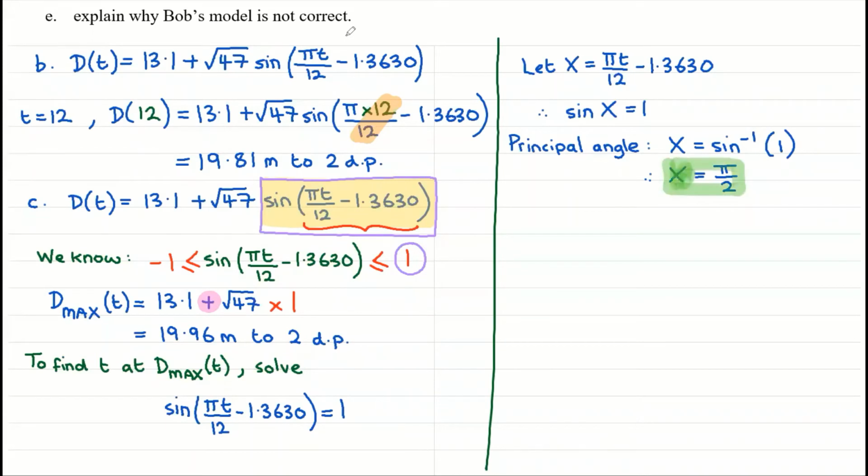Now, why can't we just say, okay, that's what x is, and solve that by putting it equal to pi t over 12 subtract 1.3630?